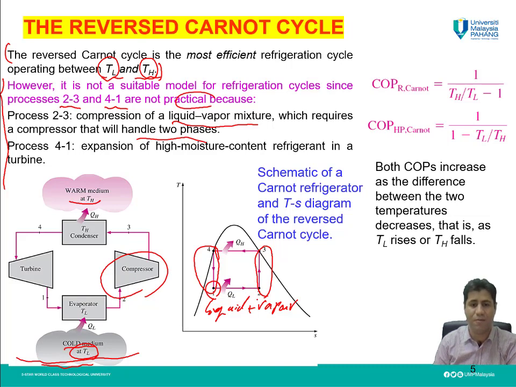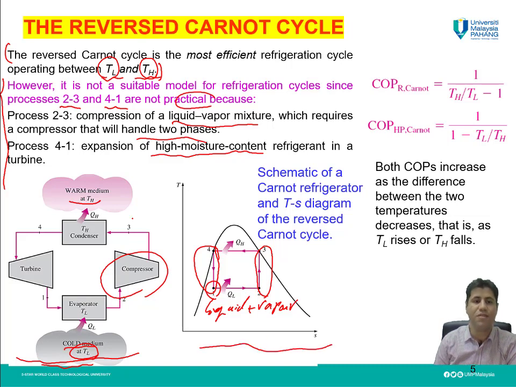We don't have such a compressor to handle a mixture of gas and liquid. Moreover, the expansion of high moisture content refrigerant in a turbine, from state 4 to state 1, again involves a mixture of gas and liquid.